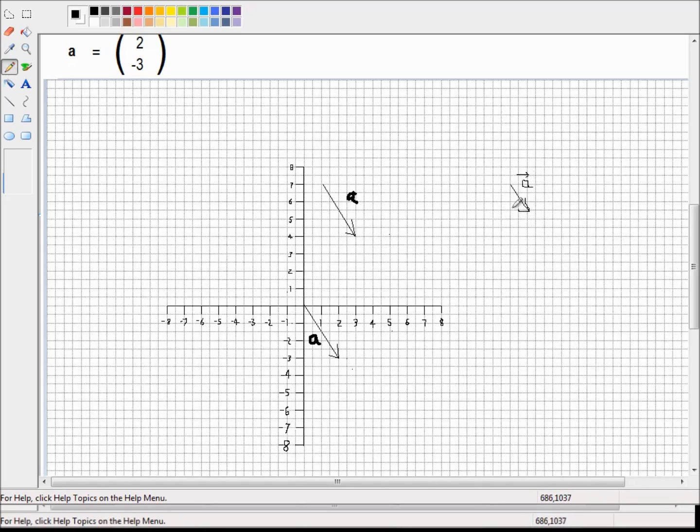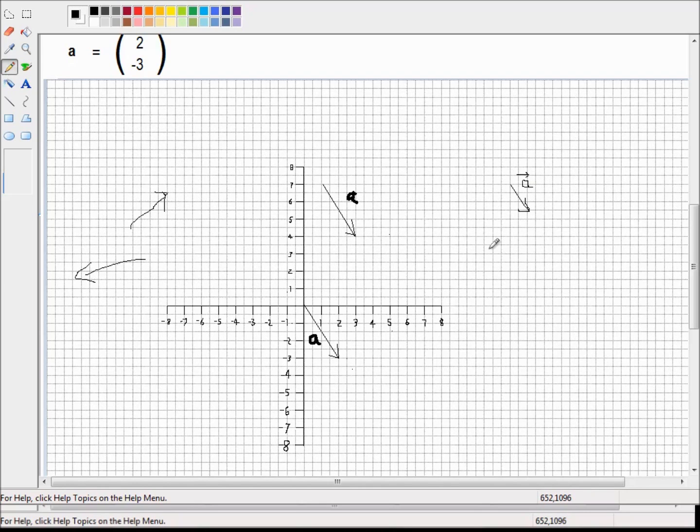And so long as you're consistent with your scale throughout all your exercises, then you're absolutely fine. If you'd have drawn a vector going up, that would have been wrong. If you'd have drawn a vector going that way, that would have been wrong. You just have to make sure that your vector from the tip of the tail to the tip of the head is 2 units to the right and 3 units down.